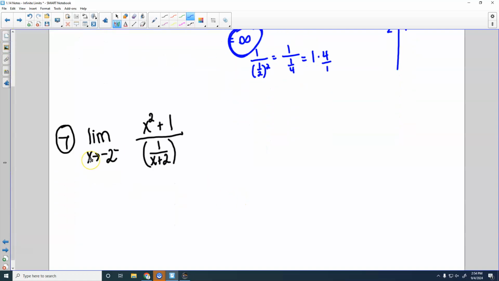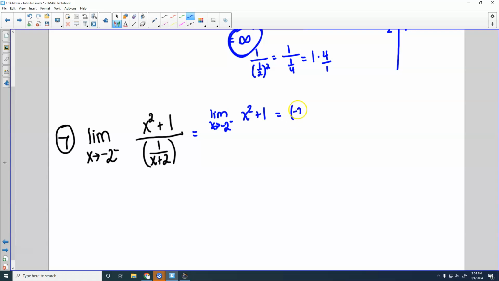Okay, for example 7, we're doing the limit as x approaches -2 from the left. So if we think about doing the limit of the top and the bottom separately, in the top I do the limit as x approaches -2 from the left of x squared plus 1.